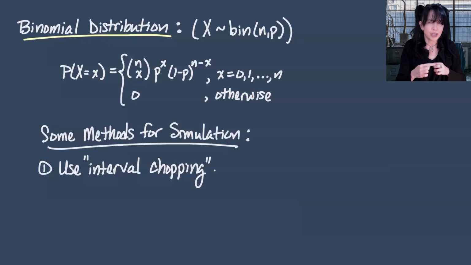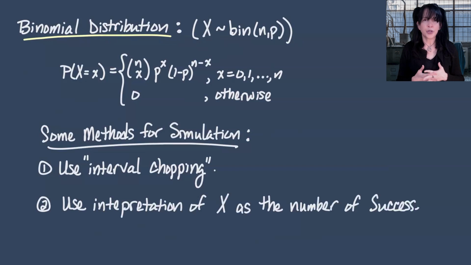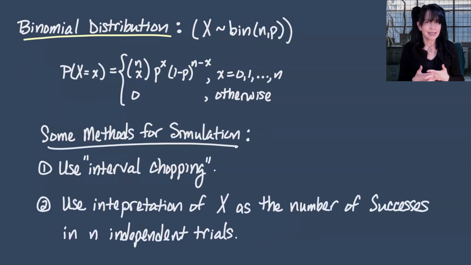I'm just going to sort of check as I go. Another thing you can do is use the interpretation of the binomial distribution as the number of successes in n independent trials of an experiment where you get success or failure, and success happens with probability p. So we could simulate each of those n trials and count the number of successes. That's not really going to save you much in terms of iteration versus interval chopping.